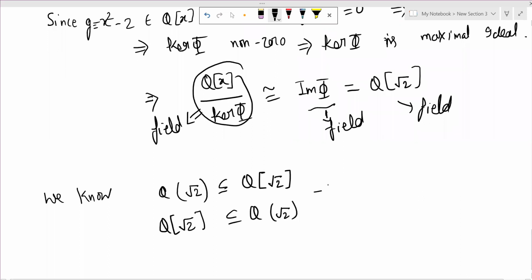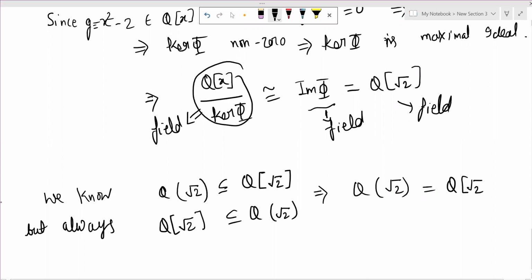This implies Q(root 2) is equal to Q[root 2]. Okay, is this clear or not? Do you have any doubt? You can ask me.